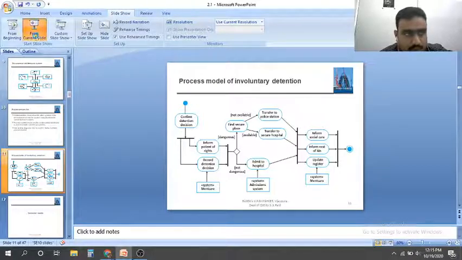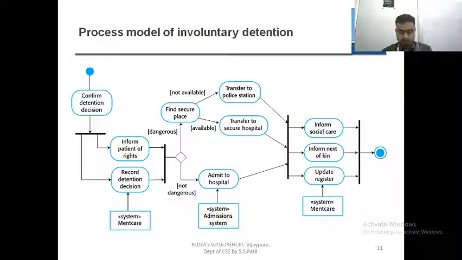Is this visible to you? Visible? Yes, sir. Observe this beautiful, wonderful diagram. What is the first thought you are going to get?